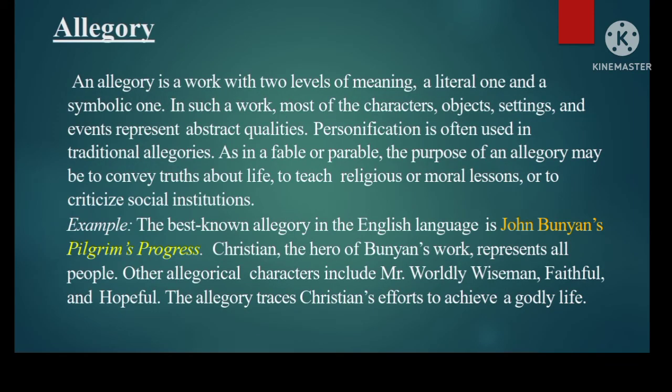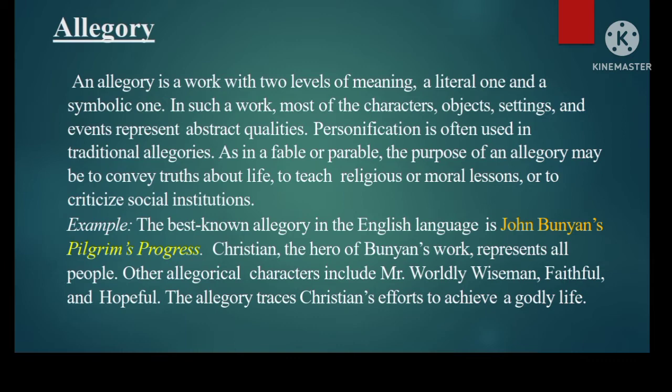An allegory is a work with two levels of meaning. The first, the upper level, is literal, and the second is symbolic, that is the hidden one. In such a work, most of the characters, objects, settings and events represent abstract qualities. Personification is often used in traditional allegories, as in fable or parable.